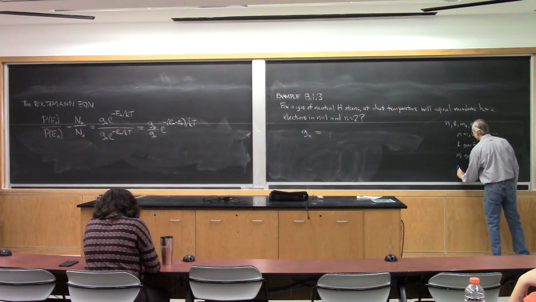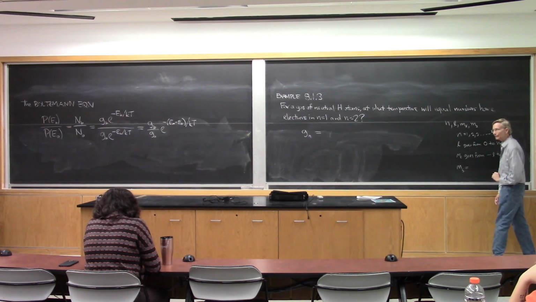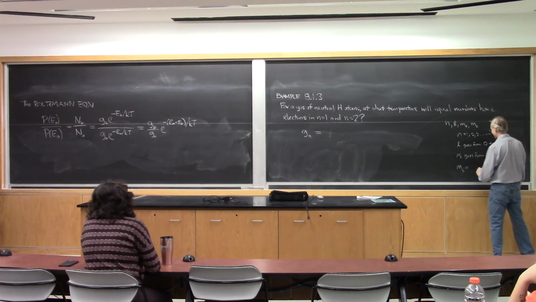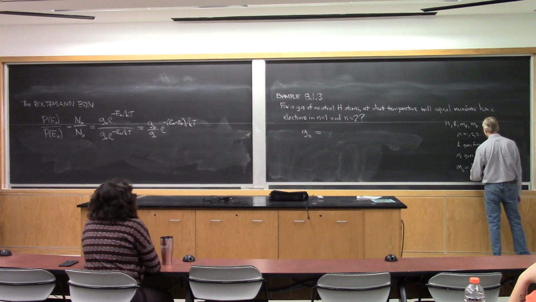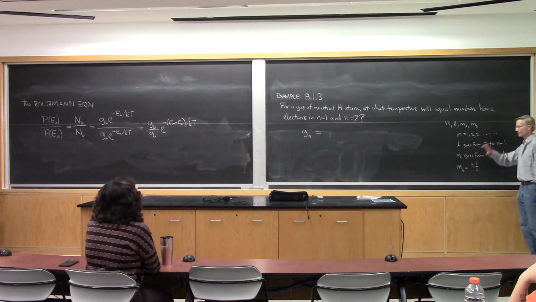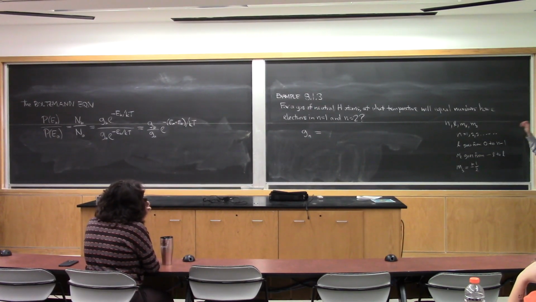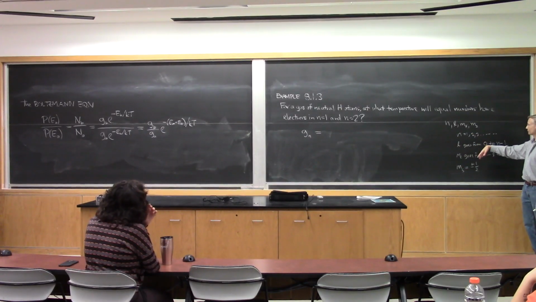And then finally, m sub s can be either plus or minus 1/2. This is the one that says that 2 electrons can fit in any orbital, and these are the ones that are telling us the orbitals, right?